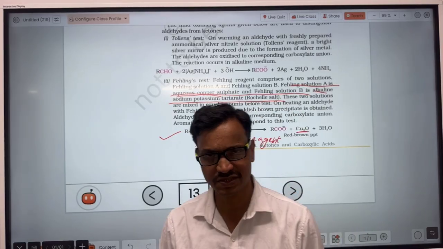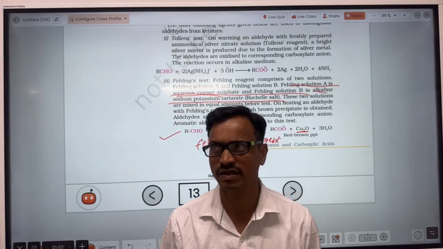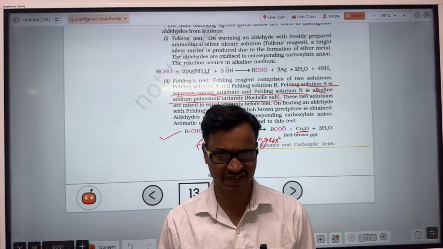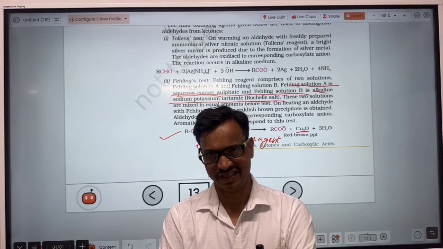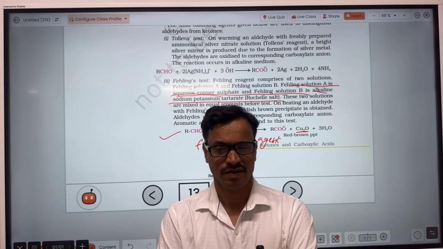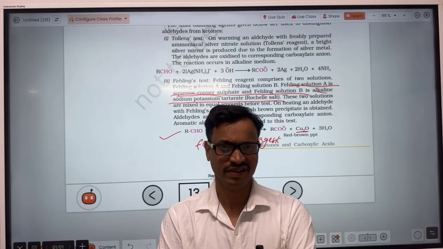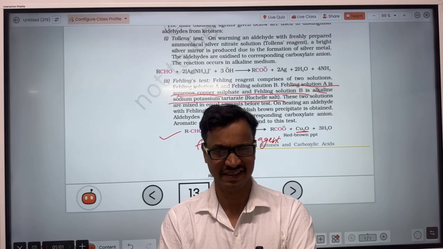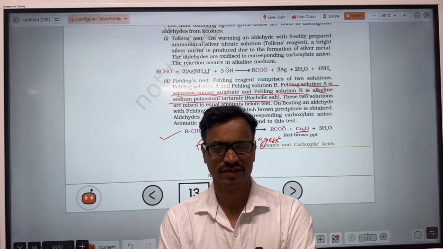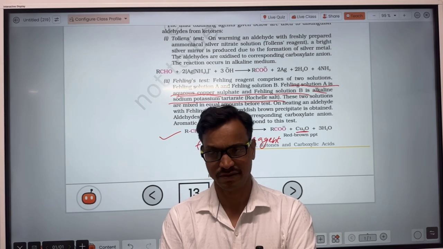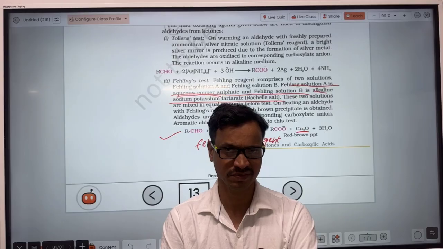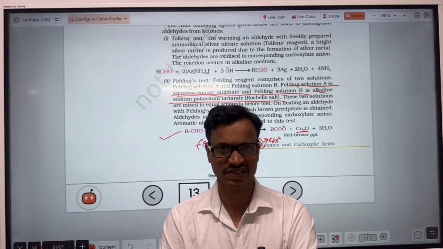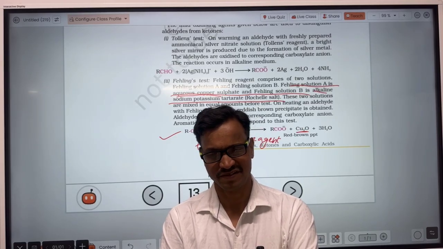Okay, as in the Tollens test, what will happen in the Tollens test? When the ammoniacal silver nitrate, that is Tollens reagent, is treated with aldehyde, at the bottom there will be a substance which will shine like a mirror. If there is a mirror shining at the bottom, that means the compound is aldehyde.